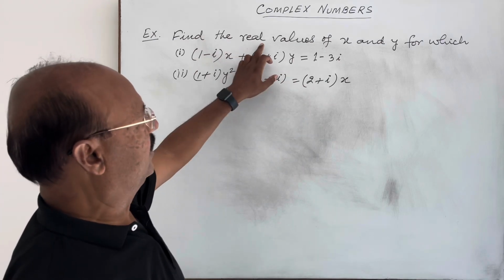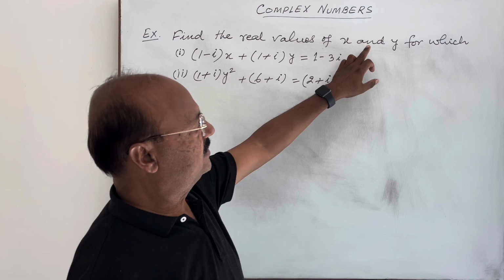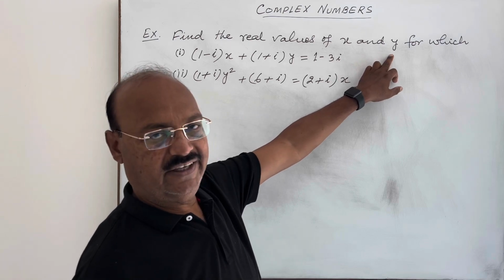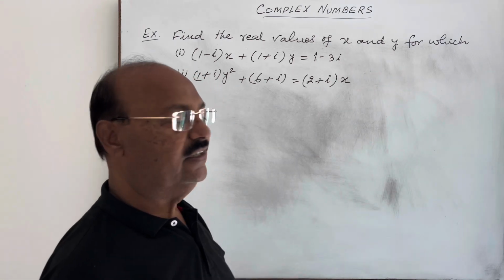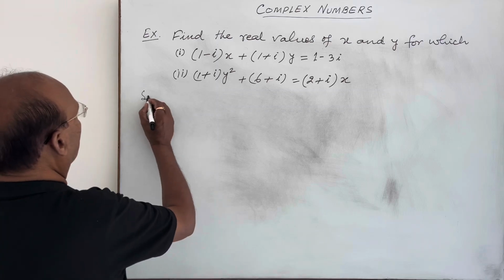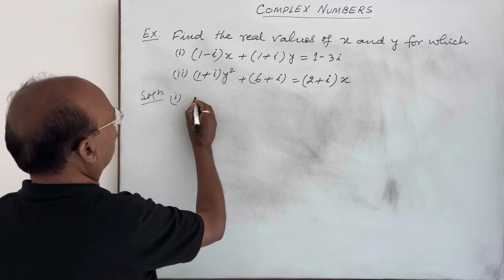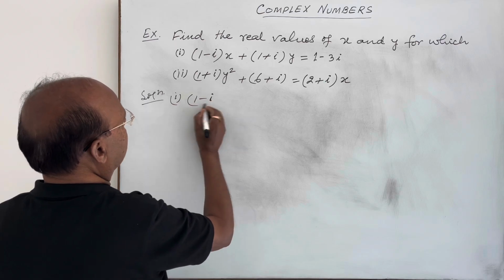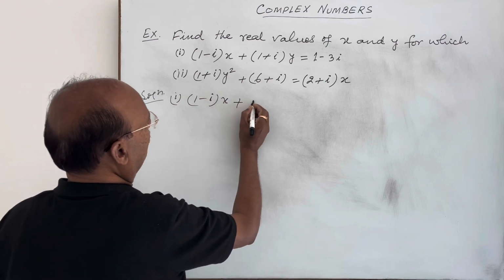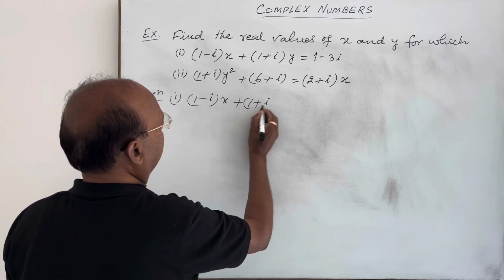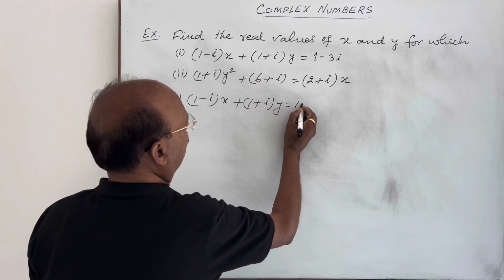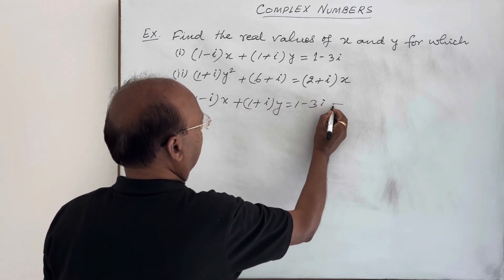Here we have to find out the values of x and y. That we can do very easily. Let us see the solution. Let us start from the first equation: (1 − i)x + (1 + i)y = 1 − 3i.